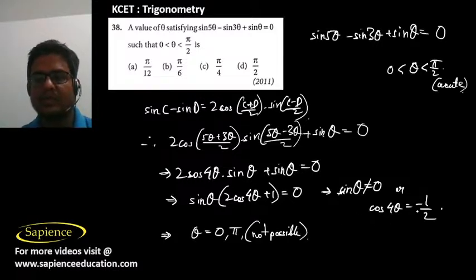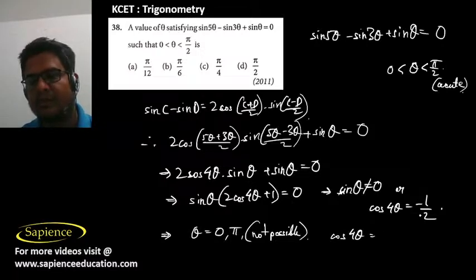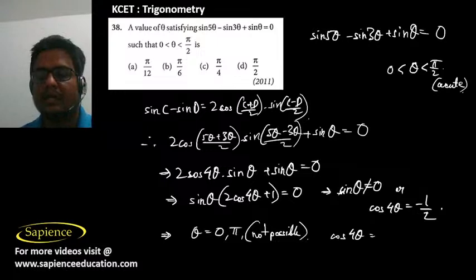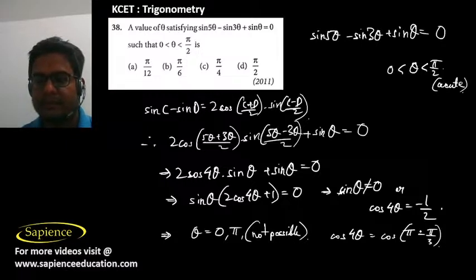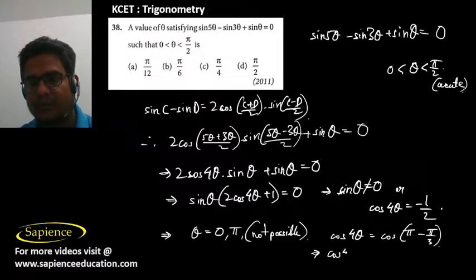Now cos 4 theta is minus 1 by 2. So cos 4 theta should be equal to cos of pi minus pi by 3, since cos of pi minus theta is minus cos theta, and cos pi by 3 is half. So therefore cos 4 theta is equal to cos 2 pi by 3.